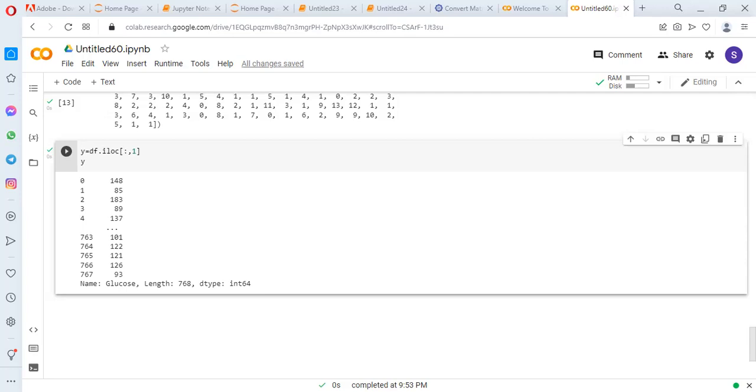So testing is basically used for evaluating the model. That means I will test my predicted value against my actual value. That is evaluating the model. And for building the model, I have to use the train set. So the train set is used for building the model, and the test set is used for evaluating the model.